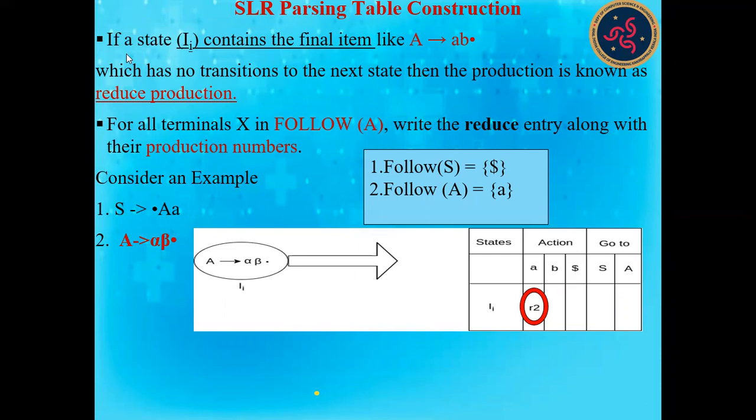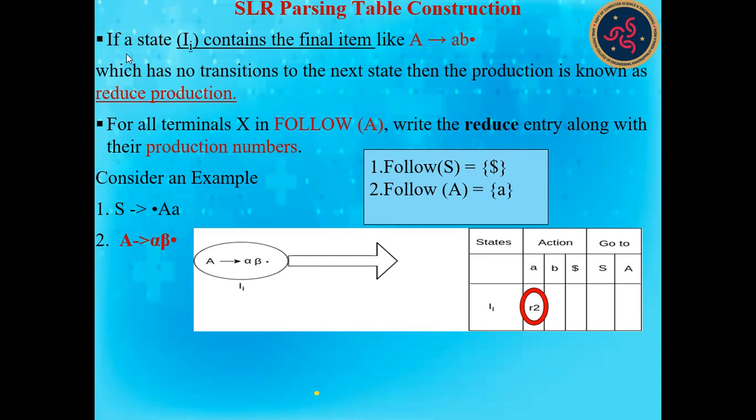Then we have to mark the production, that is, we have to find out the follow symbols, the follow of the non-terminal A. The symbol is small letter a, the terminal symbol a.